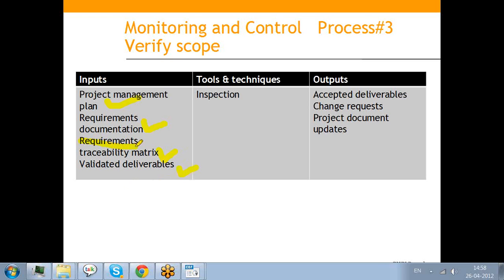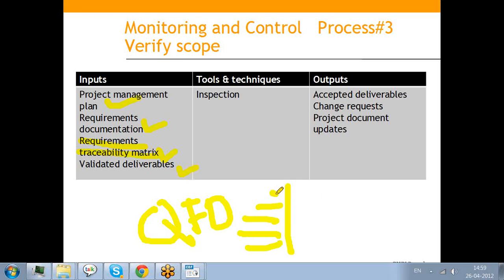When we say requirements traceability matrix, during requirements collection we spoke about quality function deployment, QFD, where we said the requirements are captured on the y-axis and the features are captured on the x-axis, and then mapped. So these are mapped to see the coverage. That is an example of a requirements traceability matrix.